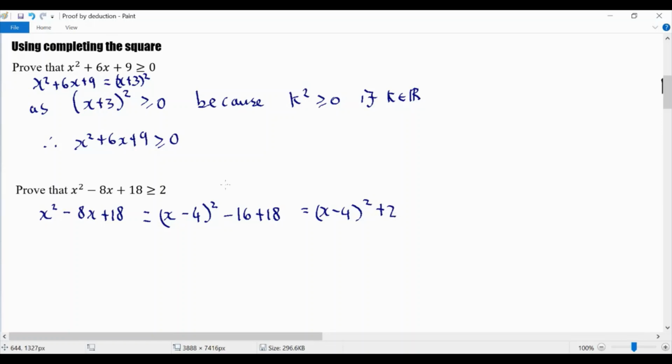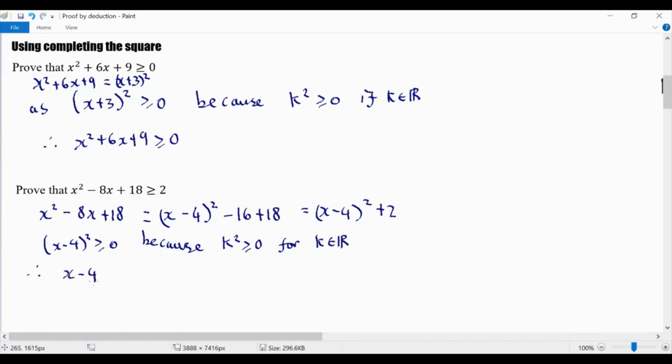That's useful because we can justify that this is going to be greater or equal to 2. We can start off by justifying that x minus 4 all squared is greater or equal to 0, because anything squared is greater or equal to 0 for any real number.